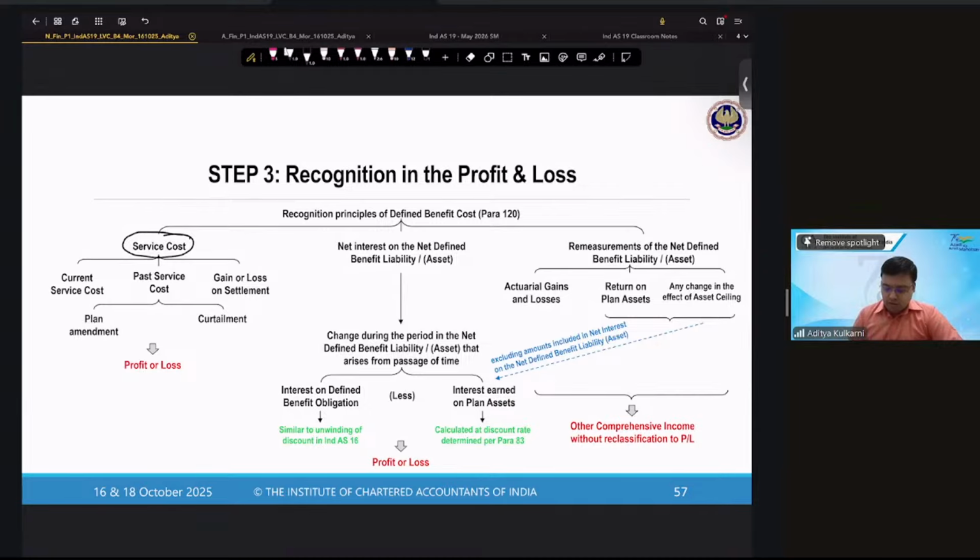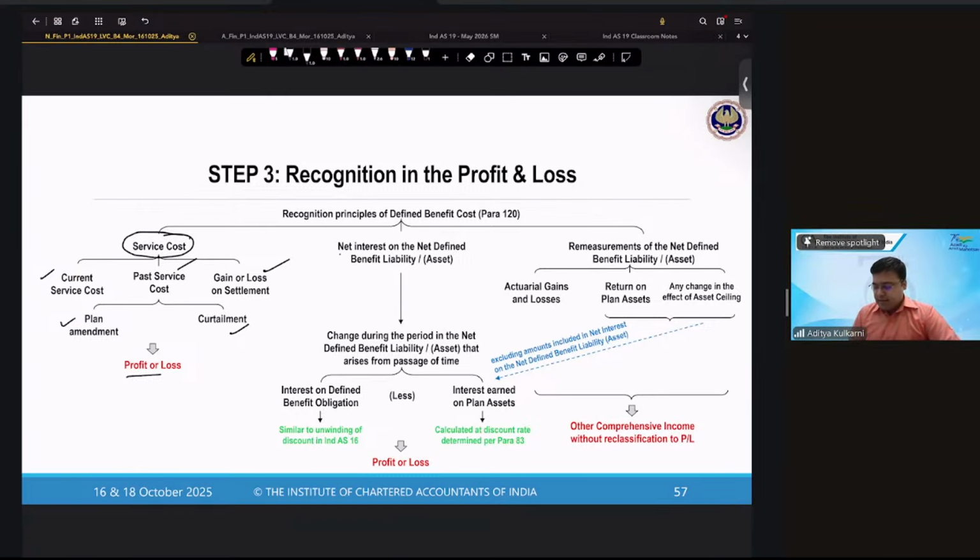What is my service cost? Current service cost. Then I recognize past service cost. Then I recognize gain or loss on settlement. Past service cost could arise due to plan amendment. We saw 1% became 2.5%. We will see curtailment. All these items get recognized in the P&L.